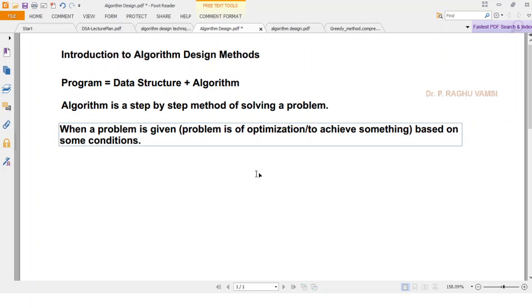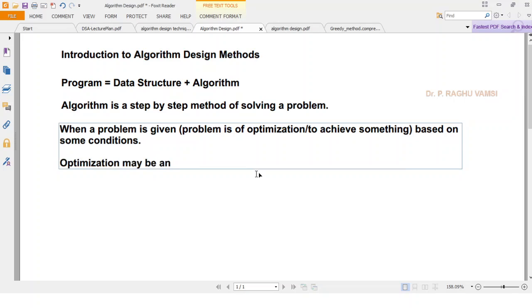But I have to opt for the very shortest path to reach the destination. That means here an optimization problem comes into the picture. This optimization may be a maximization problem or minimization problem.